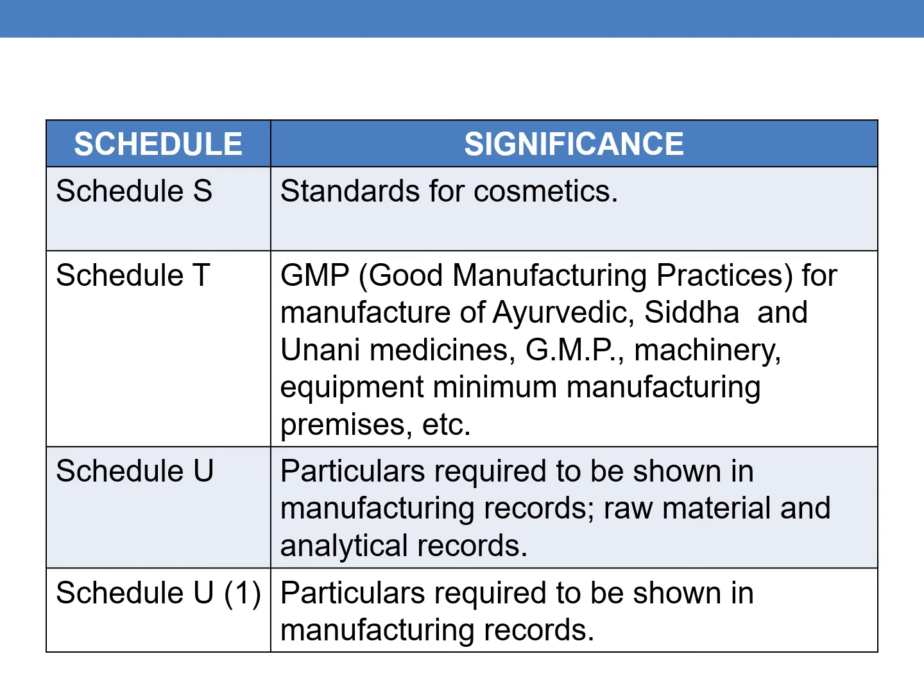Schedule T deals with good manufacturing practices of manufacture of Ayurvedic, Siddha and Unani medicines. Schedule U deals with particulars required to be shown in manufacturing records, raw material and analytical records.